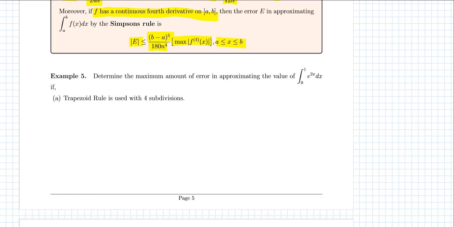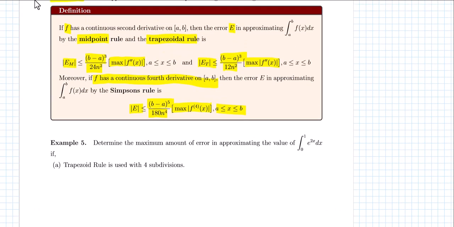Okay, so we know here that the maximum error when using the trapezoidal rule is going to follow the inequality. The absolute value of the error for the trapezoidal rule has to be less than or equal to (b minus a) cubed all over 12n squared times the maximum value of the second derivative, on the closed interval from a to b.